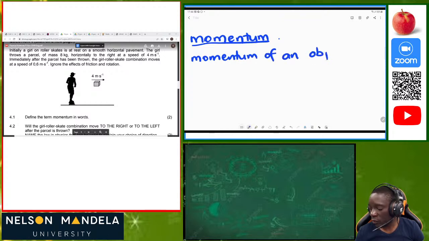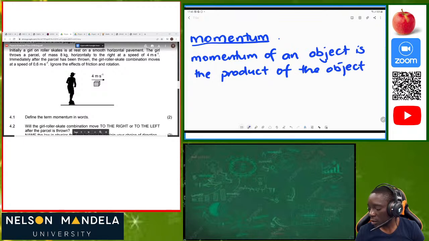The momentum of an object is the product of the object's mass and its velocity.